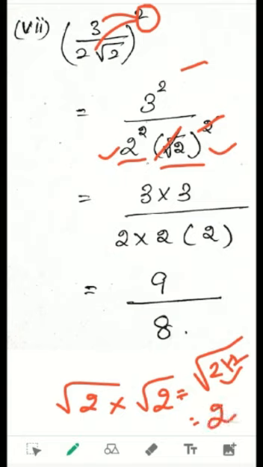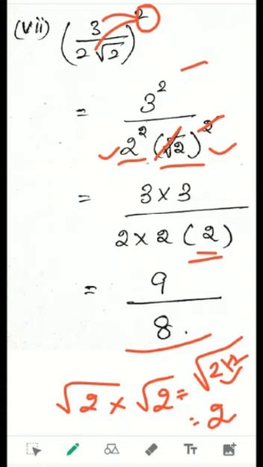Simply, instead of this, we can cross out the power and the root and write the answer 2. Then 3 threes are 9, and in the denominator we have 2 twos, which are 4, and 4 twos are 8. So this is your answer for the question (3 divided by 2√2) the whole square, which is equal to 9 divided by 8.